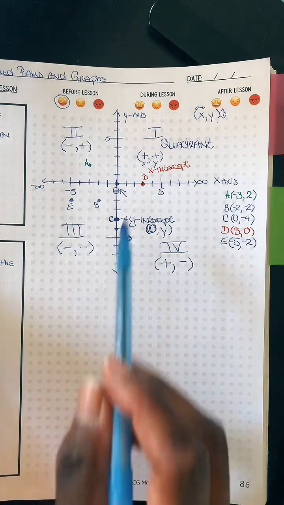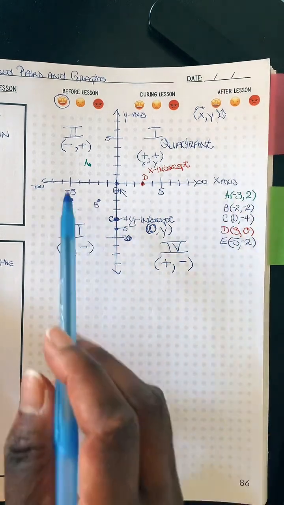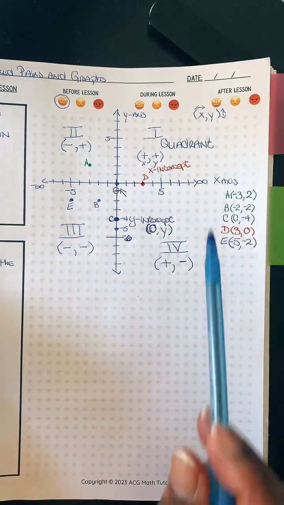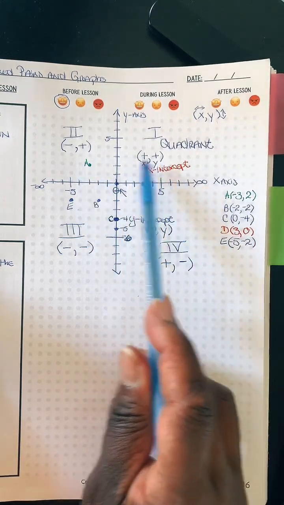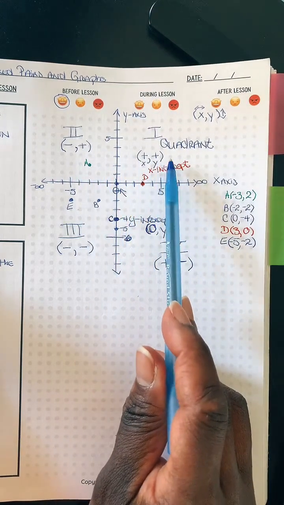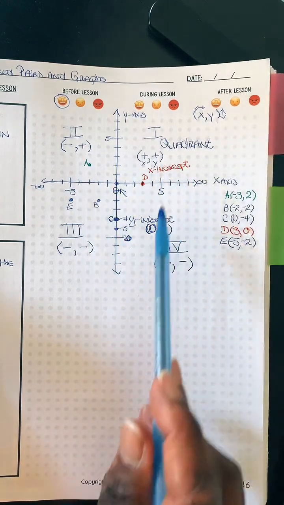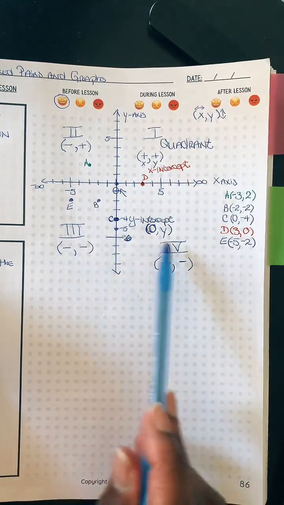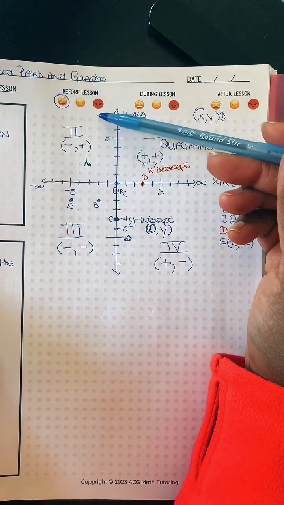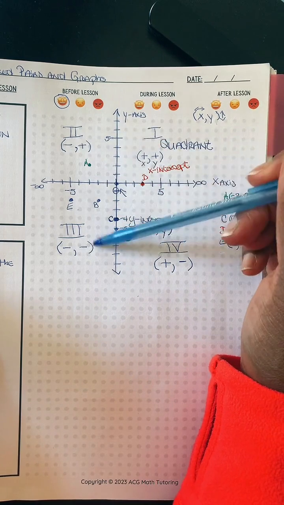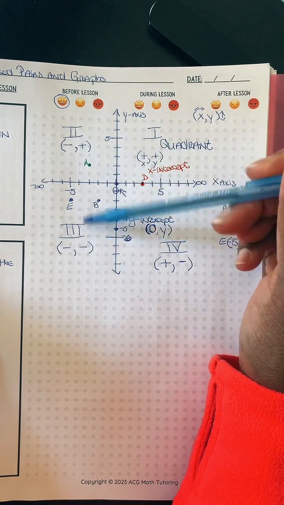So instead of drawing out your graph and trying to plot your points, if you understand that up top, the Y's are going to be positive, and down below the X-axis, the Y's are going to be negative. If I go to the left of the Y-axis, the X's are going to be negative.